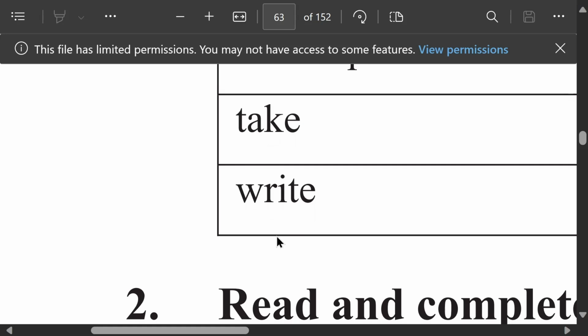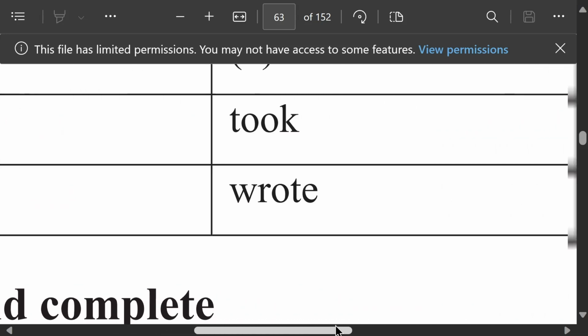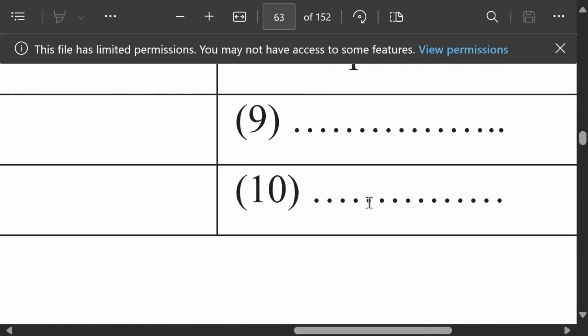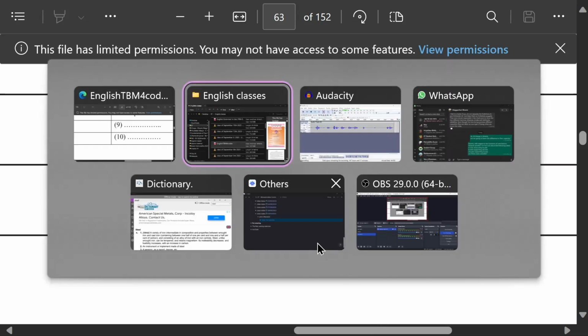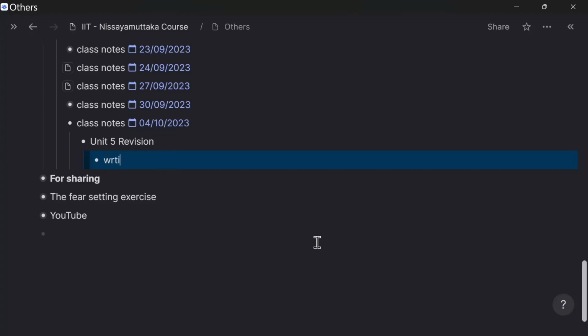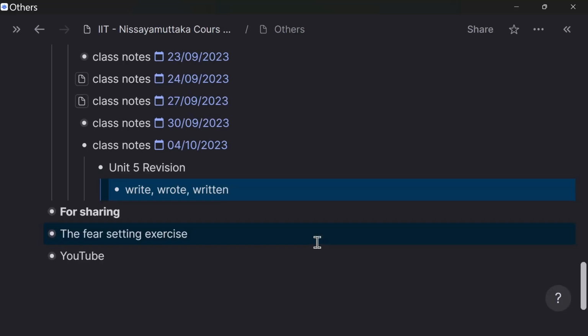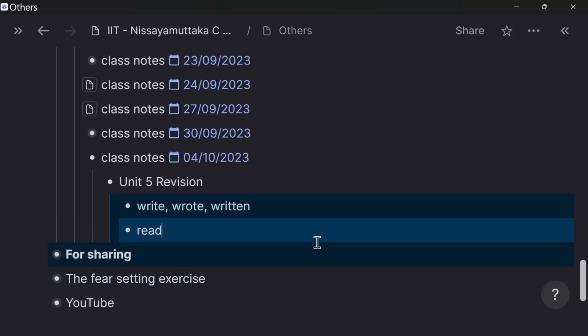Write, wrote, written. Written with a double T. Write, wrote, written, like this, double T. What about read?